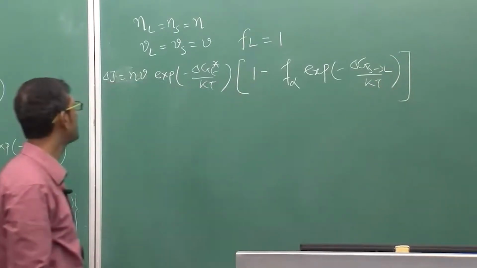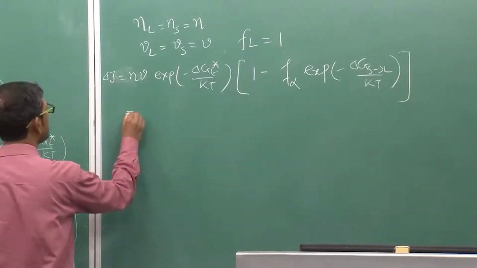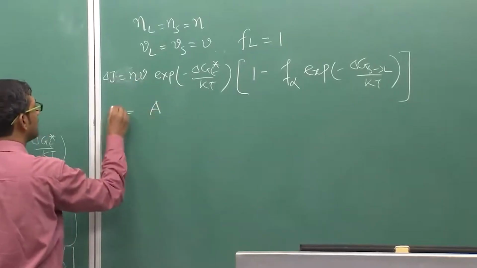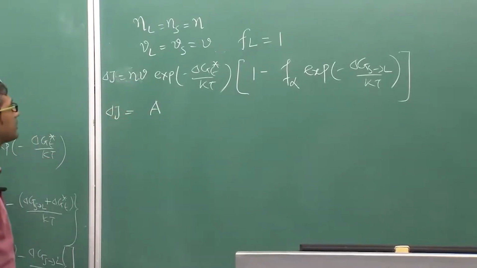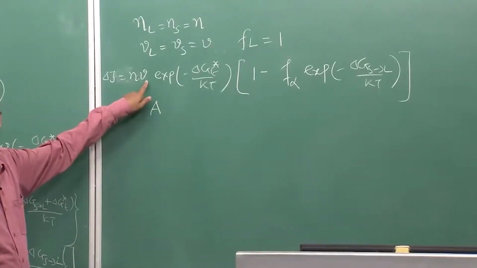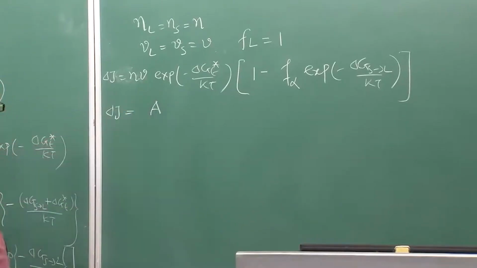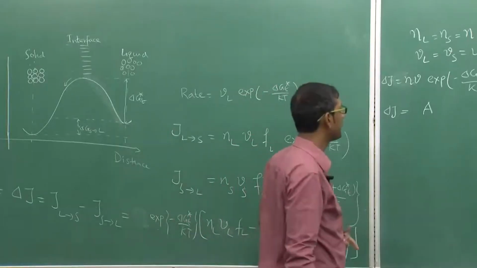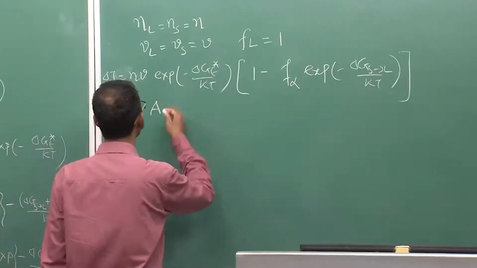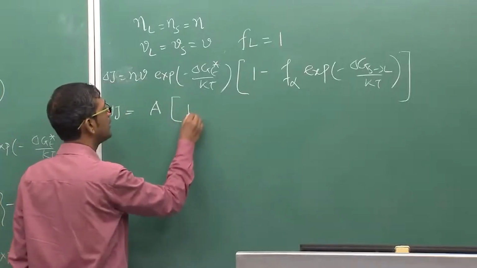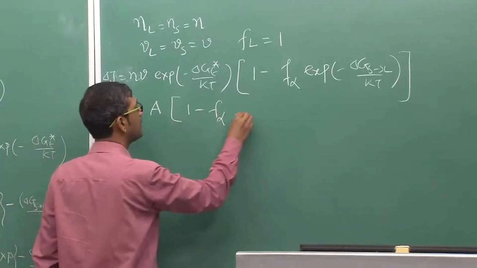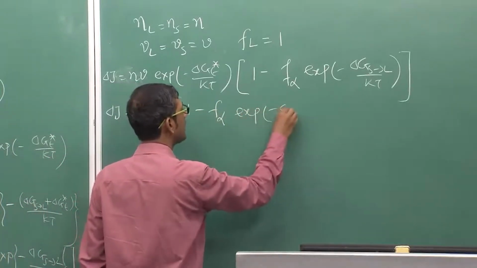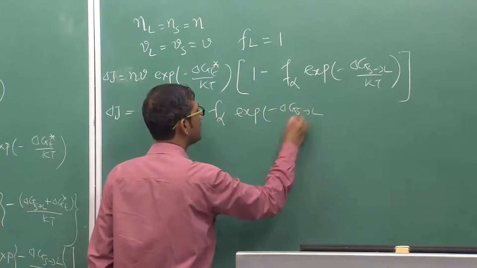This equation becomes very simple. We can always consider this as a constant A, because the number of atoms and the frequency are constant at a fixed temperature. This barrier height is also fixed at a given temperature, so it will be constant. Then it becomes A times 1 minus F alpha exponential minus delta G solid to liquid divided by KT.